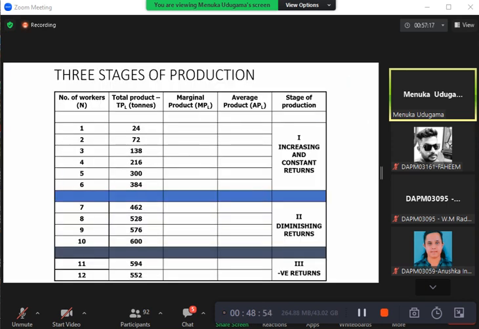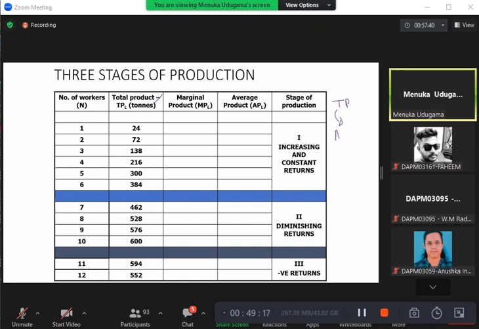So let's look at some numbers. Now here you find a few numbers. In the first column, you find the total. The first 2 columns show the relationship with the total product: the total product we get as we add workers one at a time. Right? So total product is given. Using this total product, you can calculate the average product. Right?